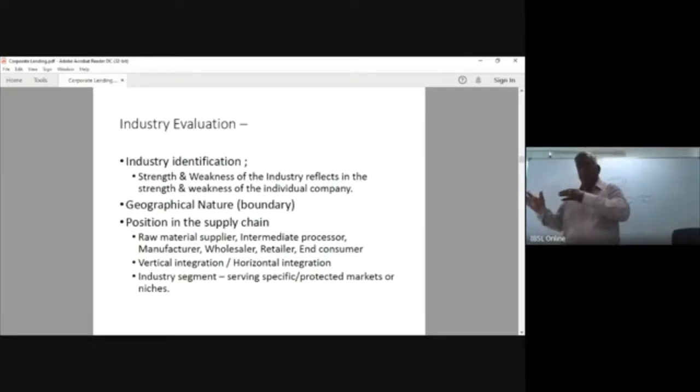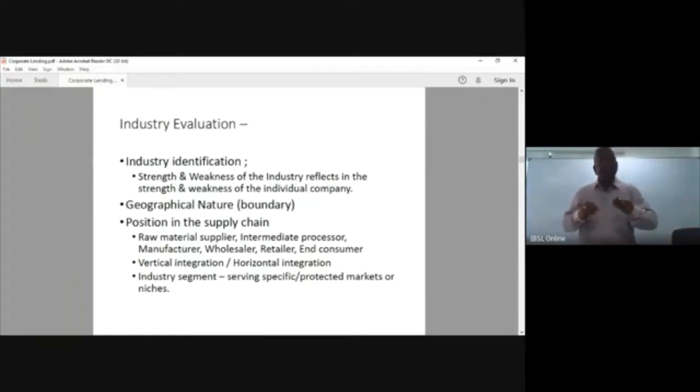Or if your customer is in the biscuit industry, how is the biscuit industry in Sri Lanka? If your customer is manufacturing footwear, you have to analyze how the footwear industry is in Sri Lanka. Similarly, industry evaluation: how is the particular industry of your customer in this country? You have to do that.